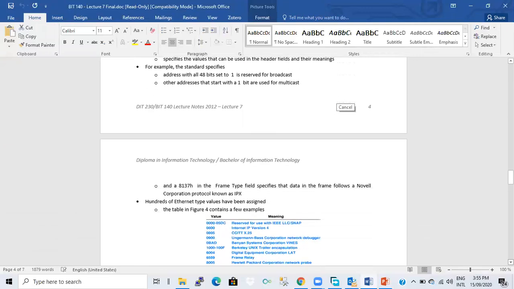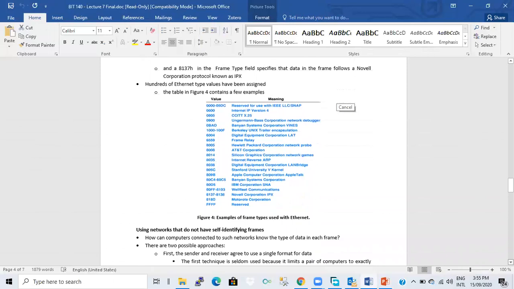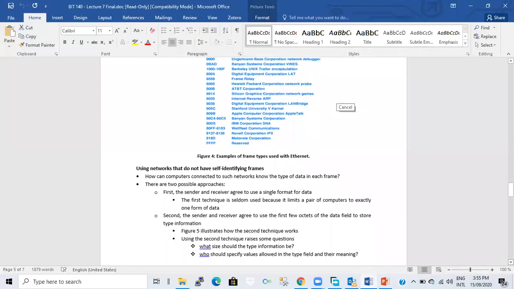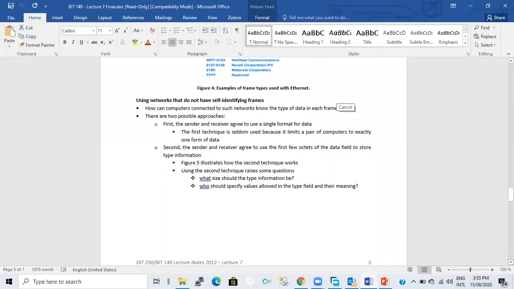You can read more on that, and I'm sure you shouldn't have any problems using networks that do not have self-identifying frames.